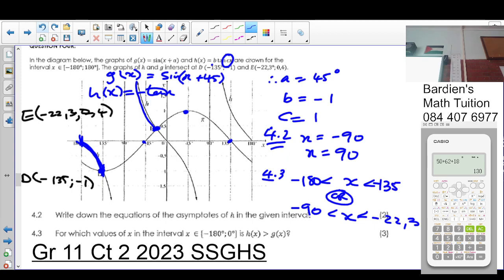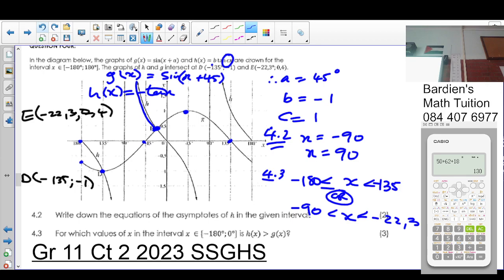Now, at negative 180, is f greater than g? Yes, so it's including negative 180. You see that? At negative 135, is f greater than g? No, they're equal. No? So now we'll consider that.